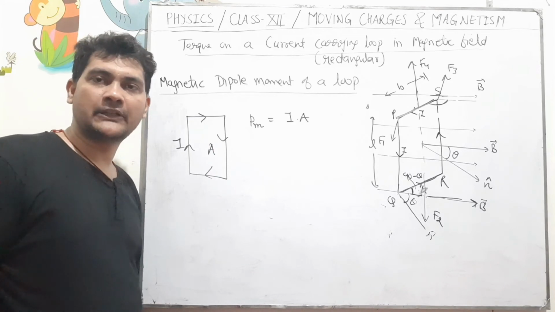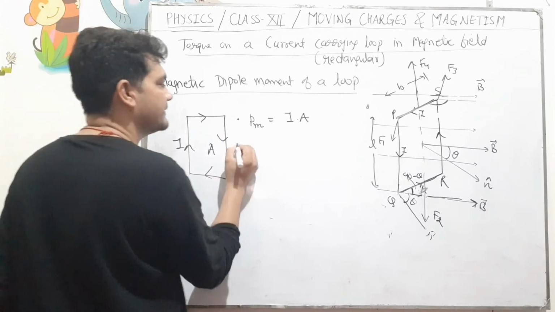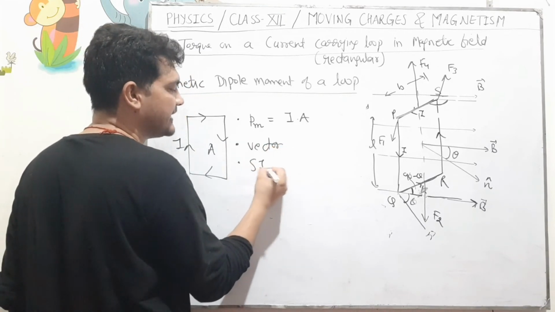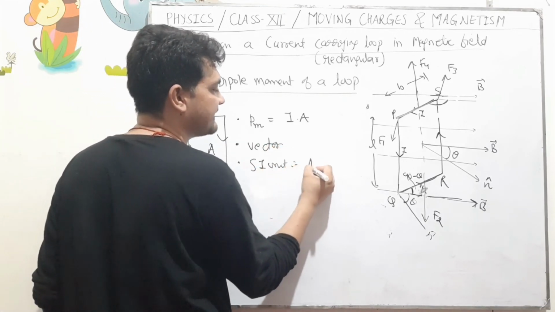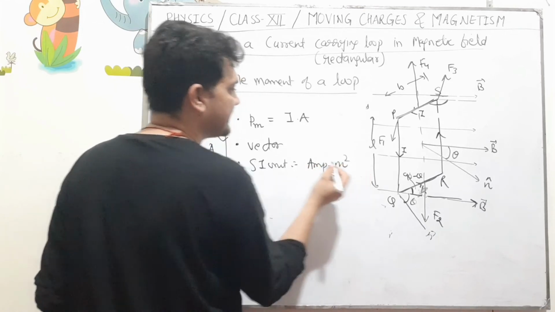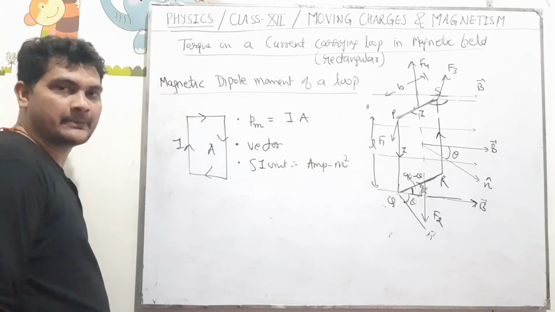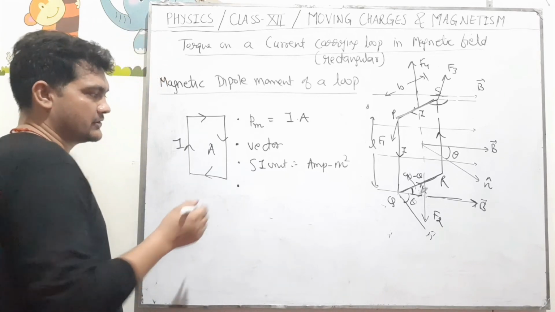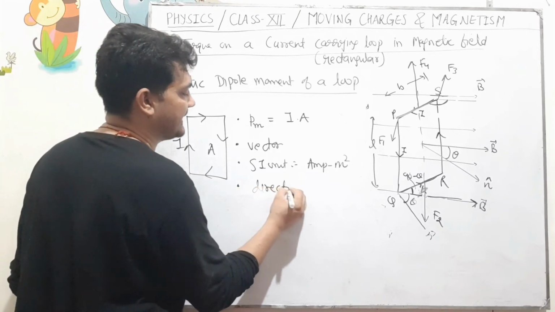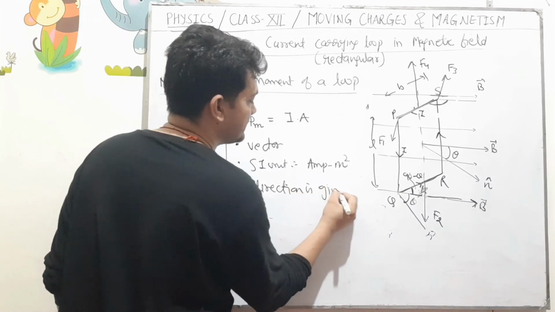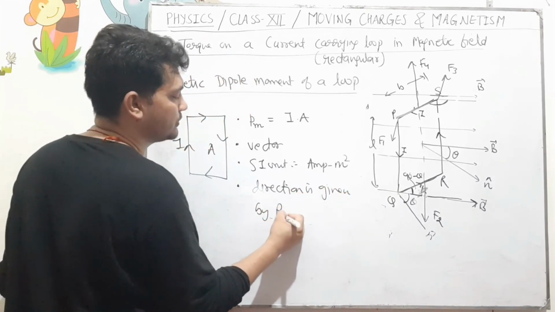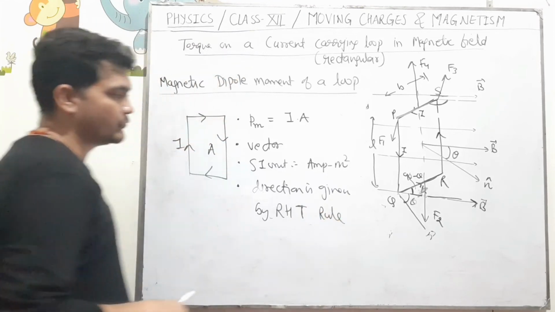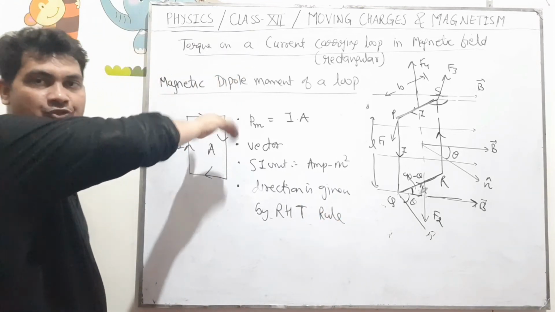This is the magnetic dipole moment of a loop. It is always a vector quantity. Its SI unit will be ampere meter square, because current is expressed in ampere and area is in meter square. Its direction is given by the right hand thumb rule. You keep the curled fingers in the direction of current.